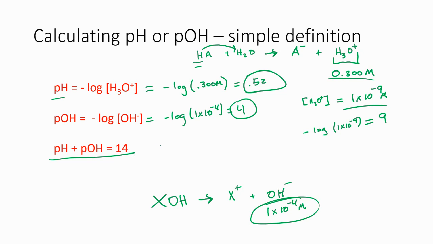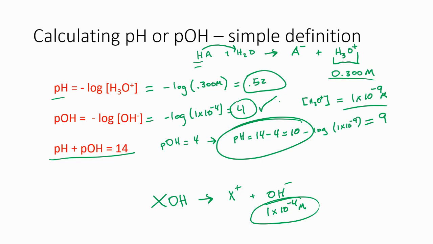So if I have a pOH of 4, like I just calculated, then that tells me that that same solution would have a pH equal to 14 minus the pOH 4, or a pH of 10. Okay? So a solution that has a very low pOH has a high pH, and vice versa.